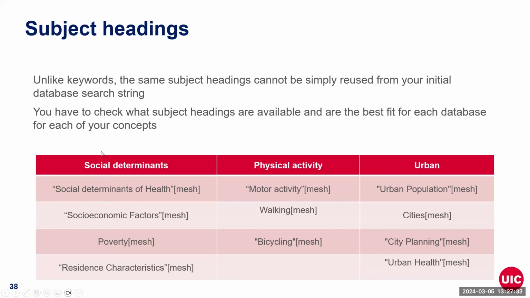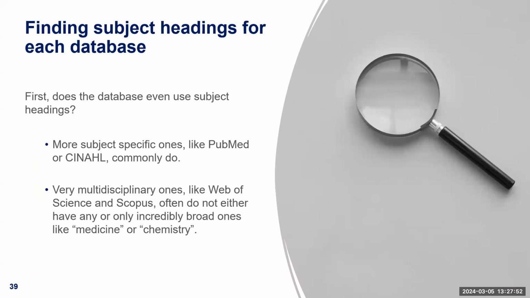However, you want to start at the concept level to see what the match is, rather than trying to translate from your initial search, because sometimes your initial database didn't have ideal fits for the concepts, and some of the other databases might have better fits.